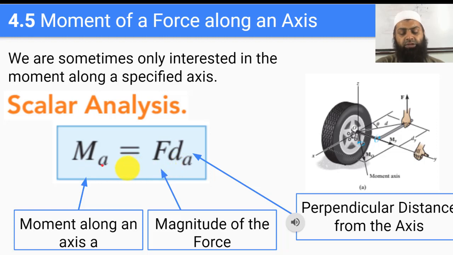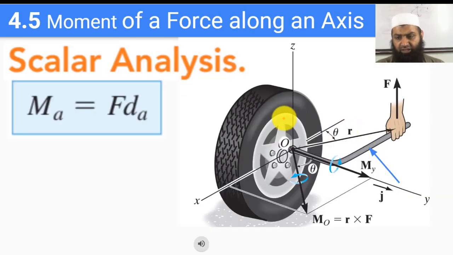This looks very similar to our formula for the moment of a force about a point, but in this case, rather than using the perpendicular distance from that point, we are more interested in using the perpendicular distance from the axis about which we want to calculate the moment of force.